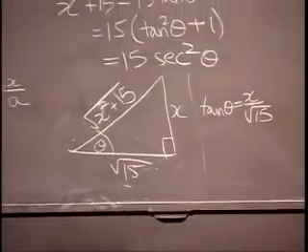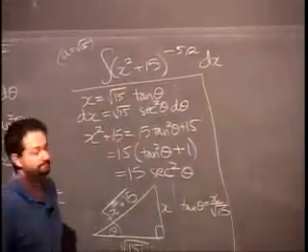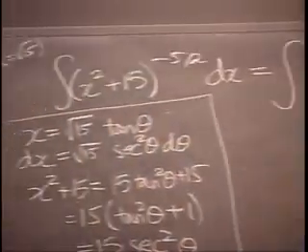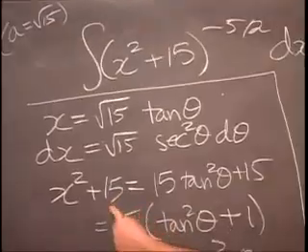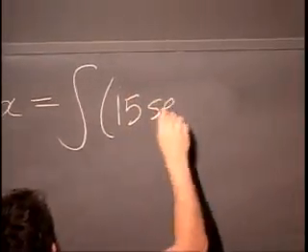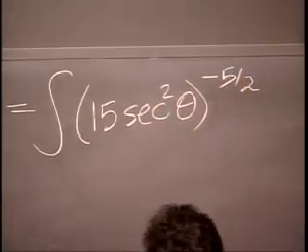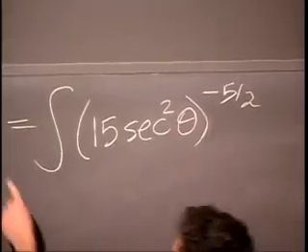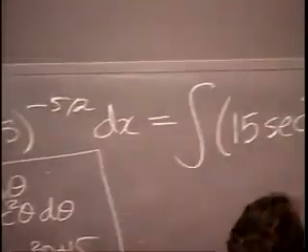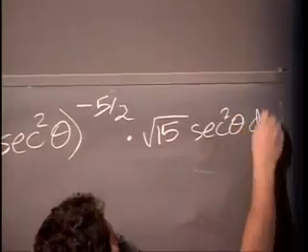Great. We've got all the tools we need to finish the problem. So let's do it. x squared plus 15 is 15 secant squared theta, take that to the minus 5 halves. dx, careful, it's not d theta, it's root 15 secant squared theta d theta.